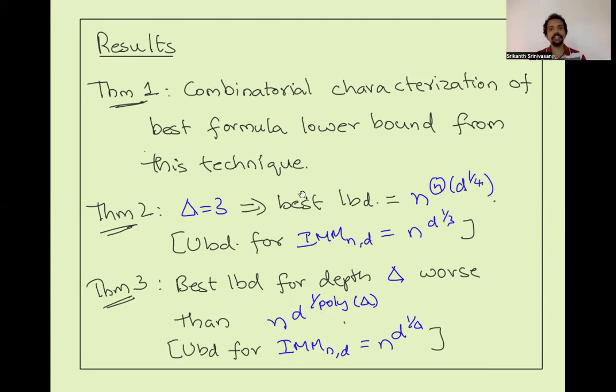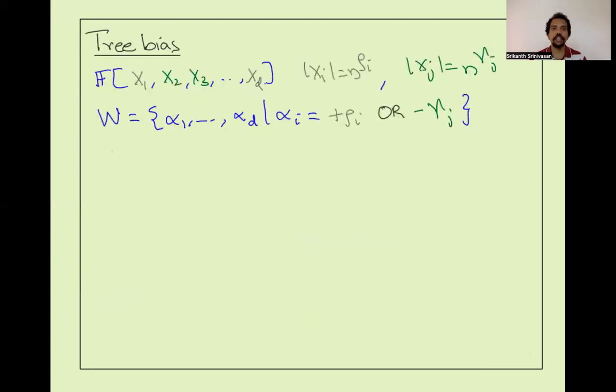Let me start by telling you a little bit about this combinatorial characterization for this technique. It is based on something called tree bias that we introduced in this paper. Again, we are looking at set multilinear polynomials where the variable sets in the variable partition have various sizes, and some of these are designated as gray and green in order for the partial derivative measure to be defined.